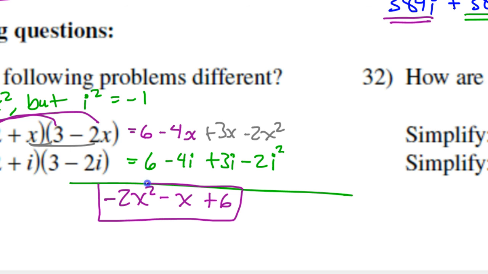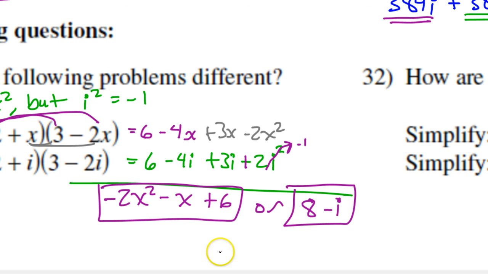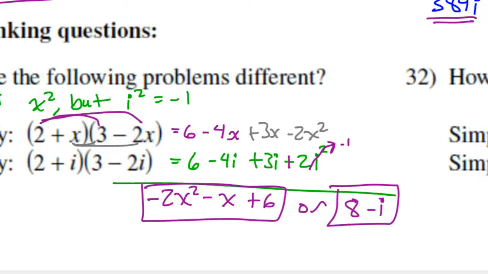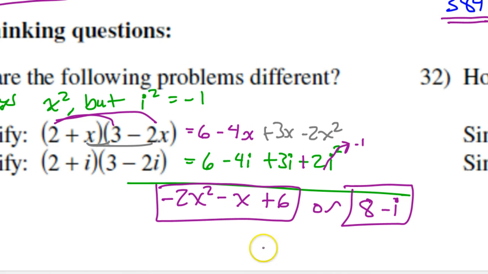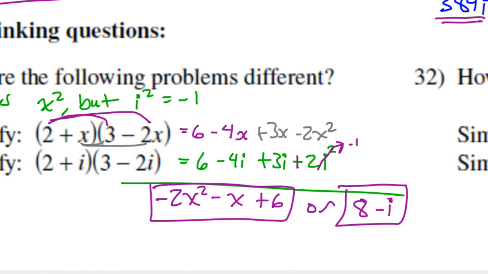That's what the first one gives us. But on the bottom problem, i squared is negative 1, so that's going to make this into a positive 2. Now I have 6 and 2, so that's going to give me 8, and then minus i, putting these two together. So very different answers, because i squared is negative 1, whereas with x squared you don't do anything with it.